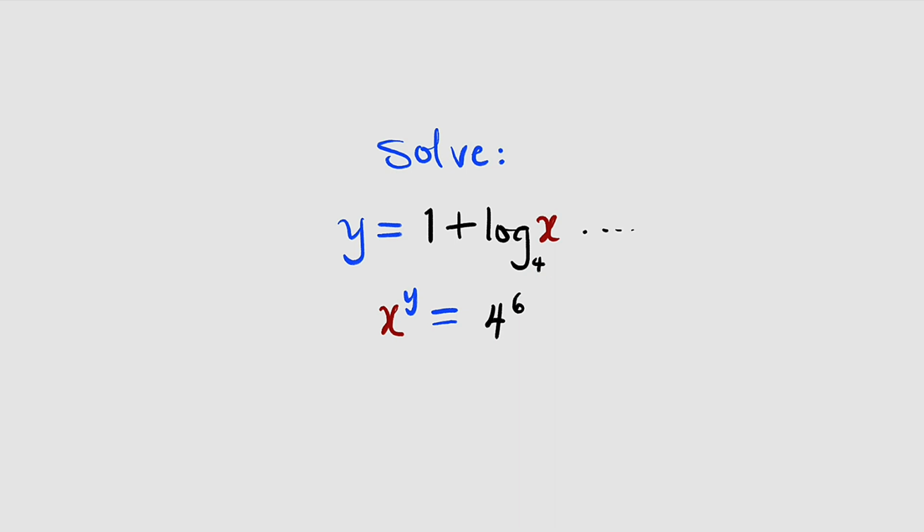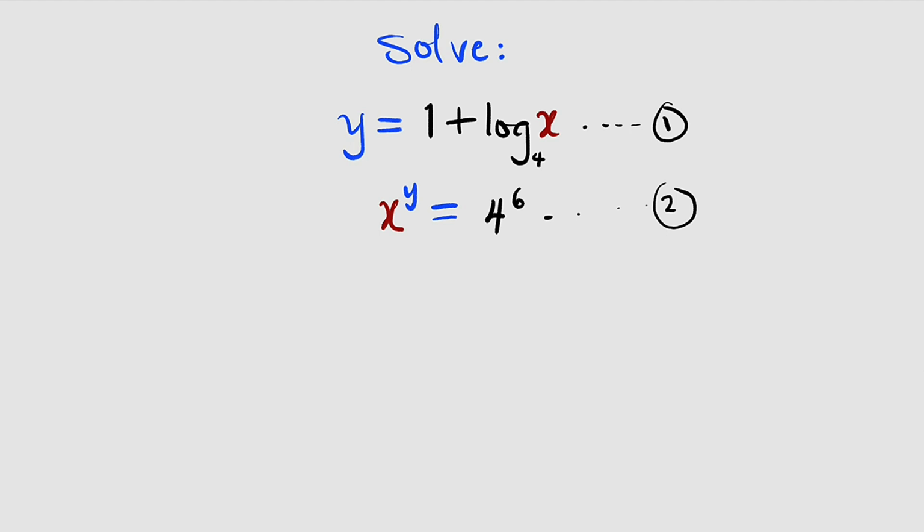Let me call this equation number 1, and this equation number 2. From equation number 1, which is a logarithmic equation, remember that log of any number having the same base as that number will always be equal to 1. For example, log a base a is always equal to 1.